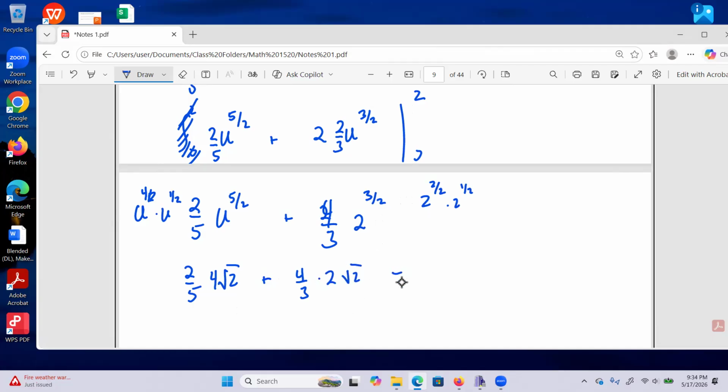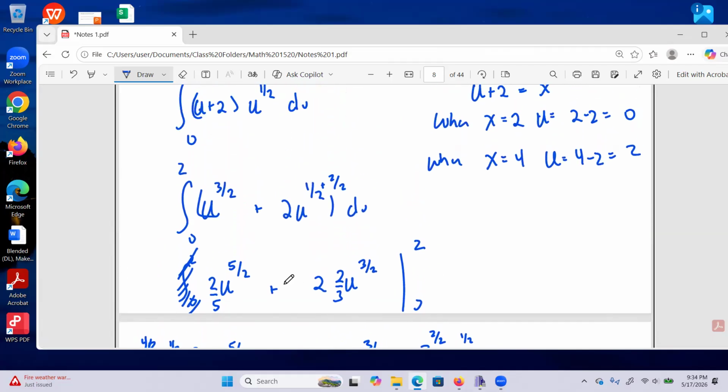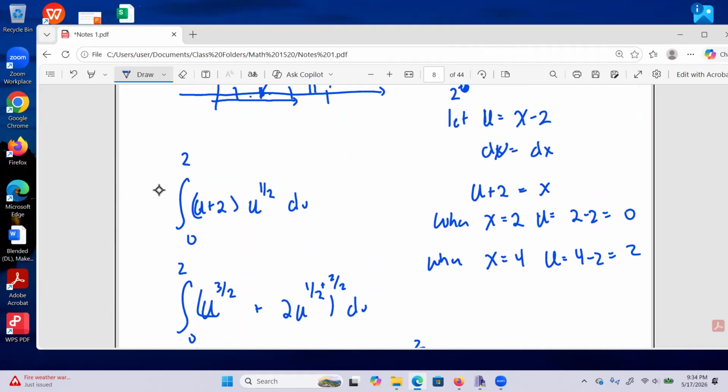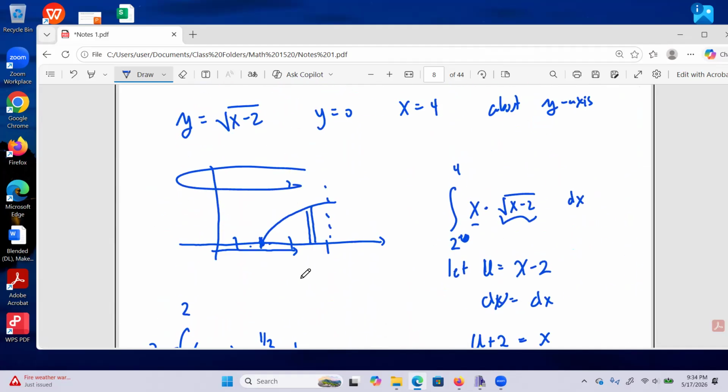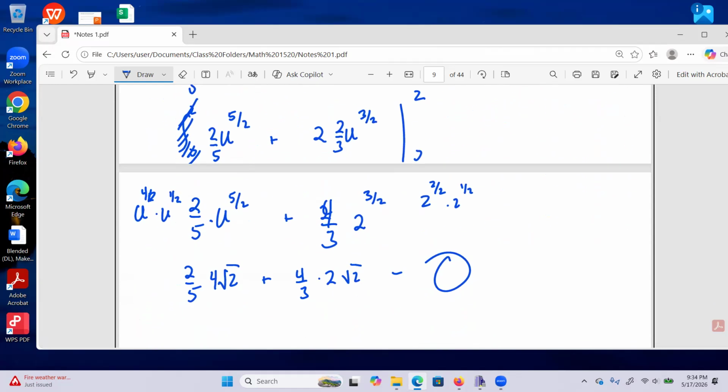Minus, when I plug 0 in here, both of these terms are going to get to be 0. So that goes away for 0. So don't let me forget the fact that we had, way back when we set this up, a 2 pi out here. And we have a 2 pi all the way out in the front here.